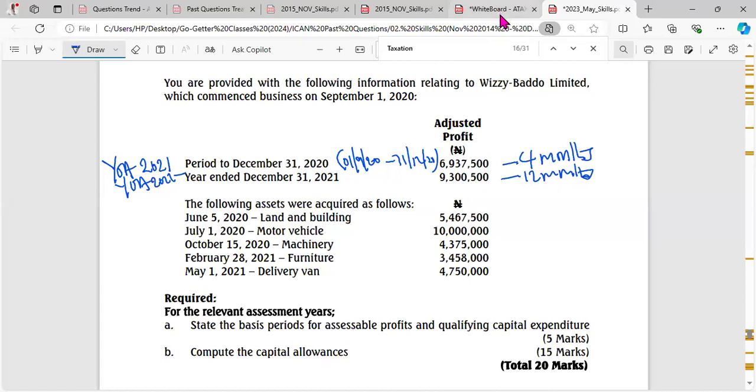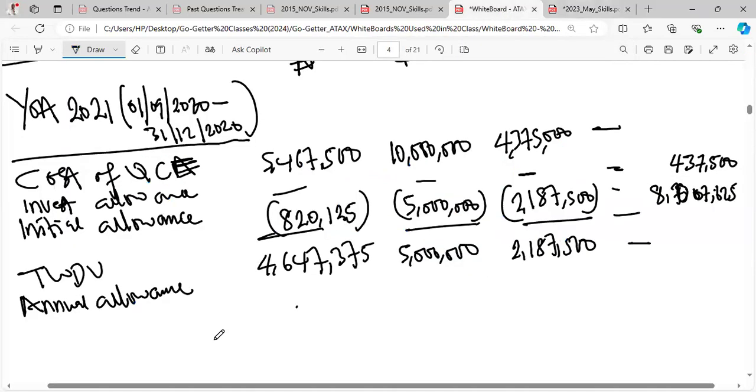So what we're going to do here, we say annual allowance will be tax written down value, which is this, divided by, okay, instead of saying divided by the number of years, it's still the same thing. I'll do it in another way.